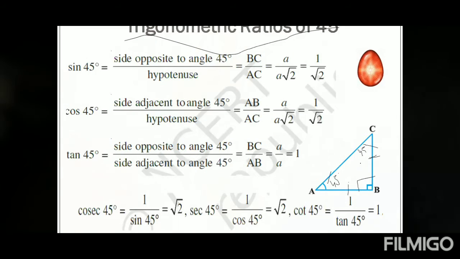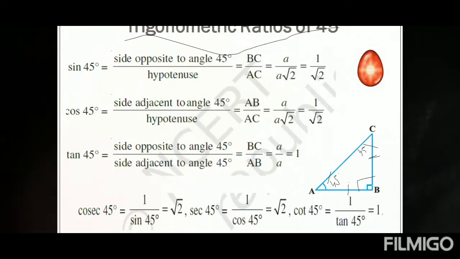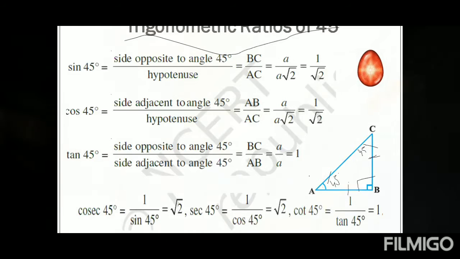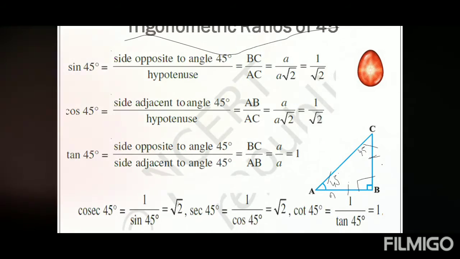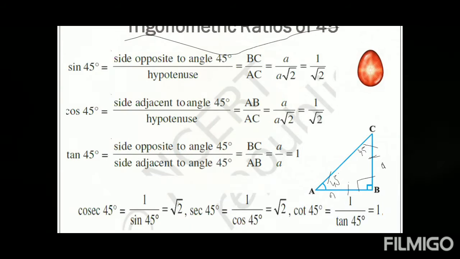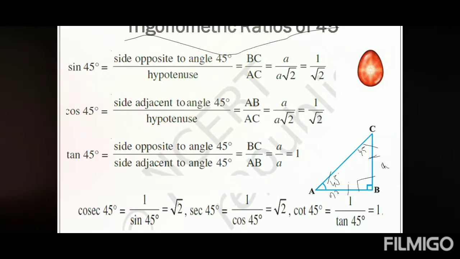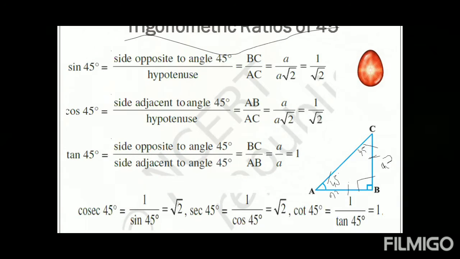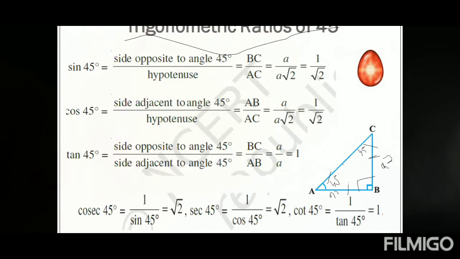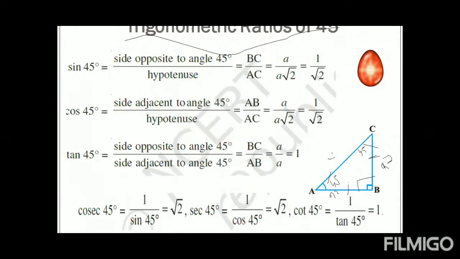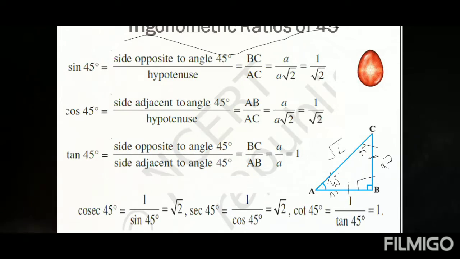By using the Pythagoras theorem, AB square plus BC square equals AC square. AB is a, BC is also a centimeter. So a square plus a square equals 2a square, and that is AC equals root 2 a.